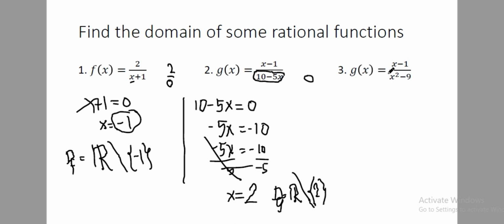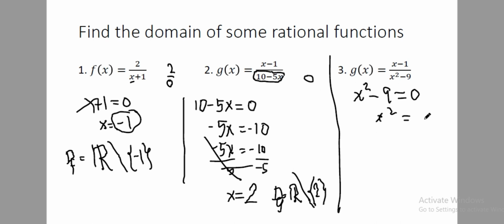And last, the denominator here is x squared minus 9 equals 0. So x squared is equal to 9. Getting the square root, we have plus and minus square root of 9. We have x is equal to plus and minus 3.